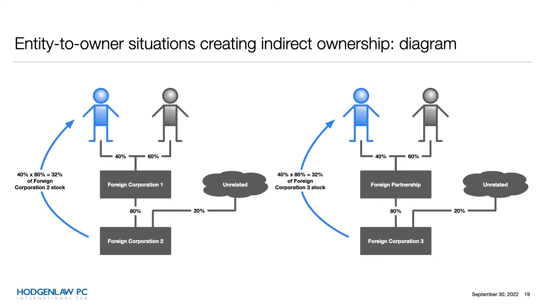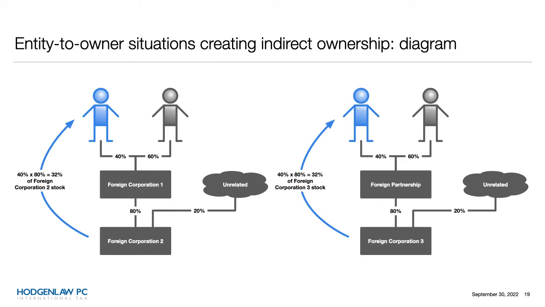So in the year that parent company, Foreign Corporation 1, spun up and acquired 80% of the stock of Foreign Corporation 2, its subsidiary, you went from an indirect ownership of 0 to an indirect ownership of 32%, which is certainly enough to trigger the filing threshold for categories 2 and 3. So that's an example there.